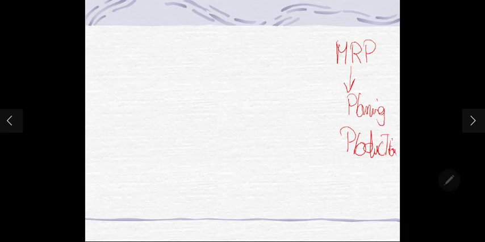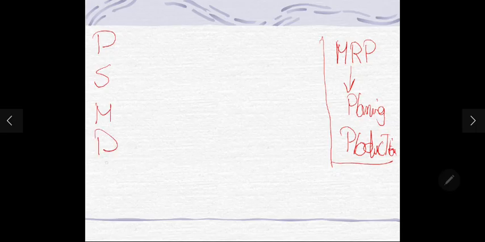Now, when I have a look here at this MRP, which classification can we use? We have a look at P, S, M, D, return. MRP is a planning activity, so it belongs to P.